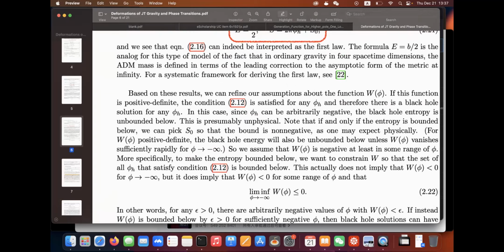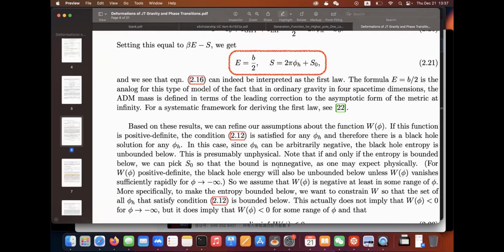Then here will come some discussion for the phi h. The phi h is interpreted as the horizon of the black hole, and S is the entropy. We know that the entropy for a thermodynamic system should be bounded below, and it is proportional to the position of the horizon. And what is the horizon?